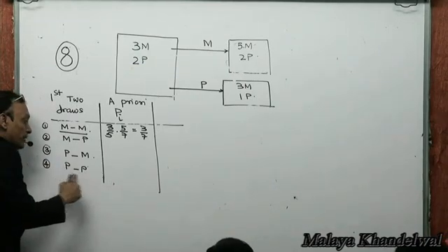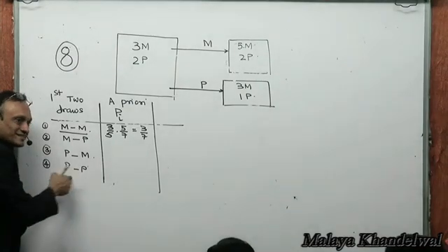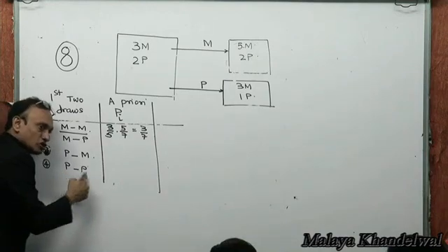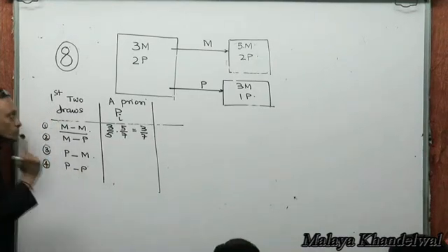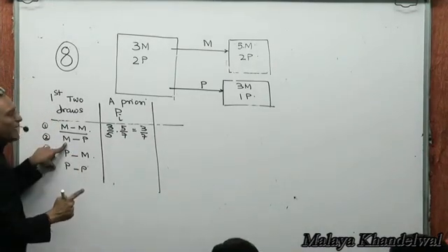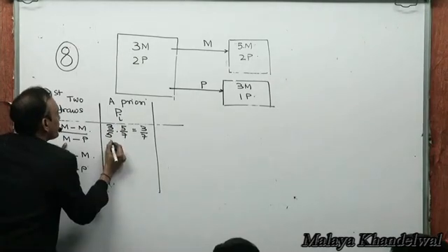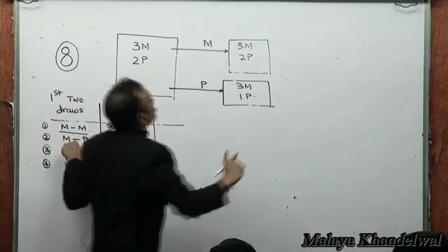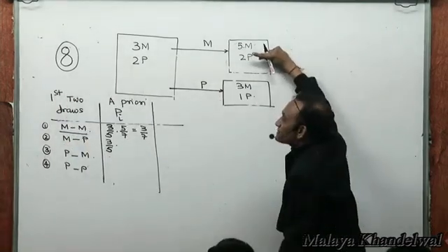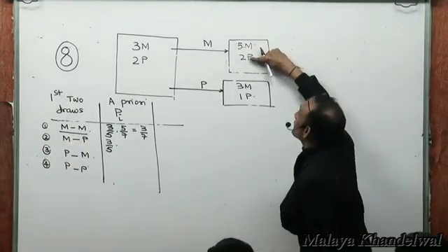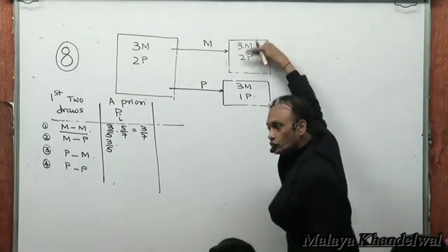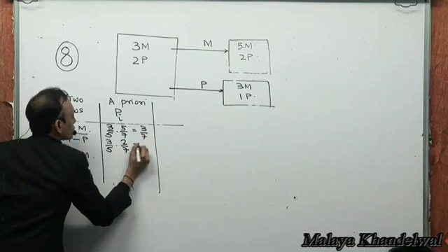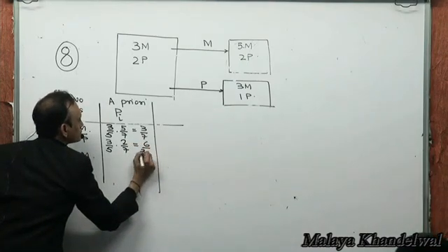I want to find the probability of this being the cause. That means the first 2 draws being physics. Yes or no? Okay. Now, maths in the first draw is 3 by 5. If maths is drawn in the first draw, then I come to this state, and then physics is going to be 2 by 7. That gives 6 by 35.